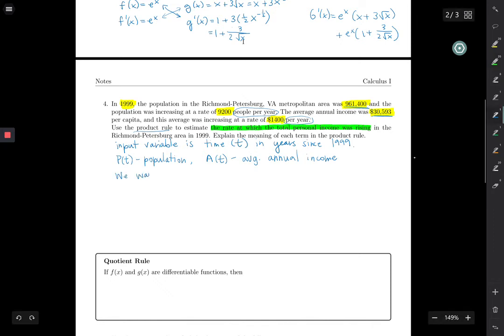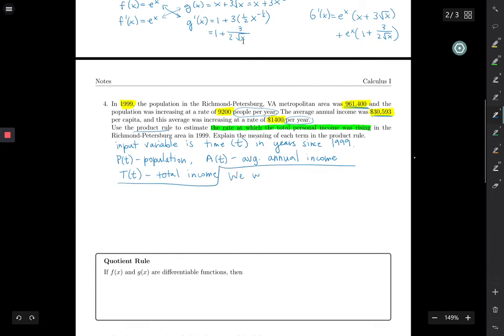We want to compute, maybe I'll write down, so we should label the total income. This will also be a function of t, as we'll use T, capital T, for total income. And let me put this here.